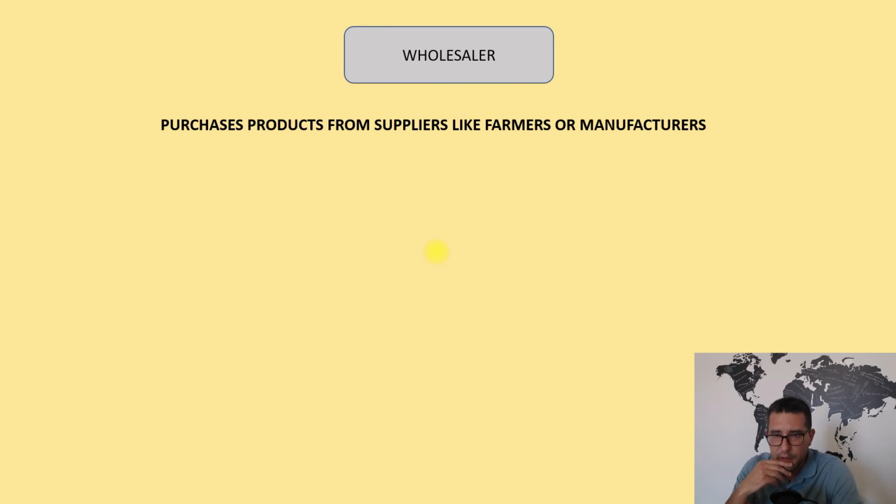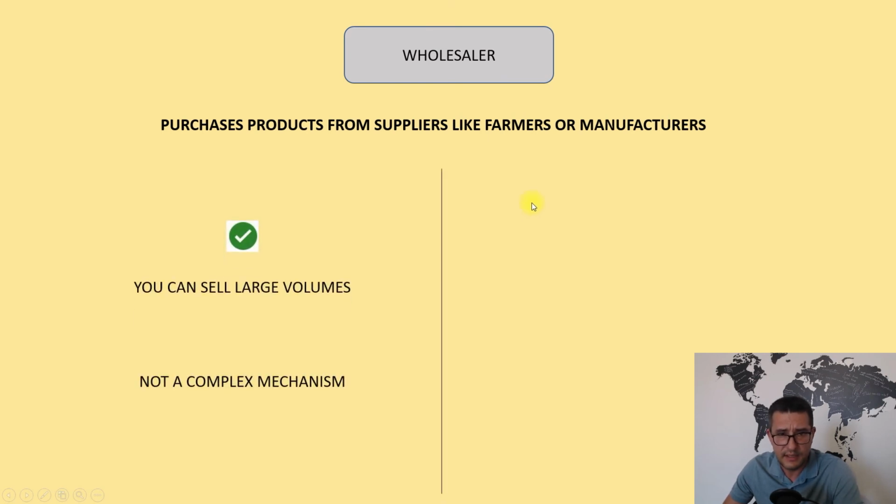Now, opting for a wholesaler won't necessarily help build your brand presence in the market, but will help you in terms of volumes. And in terms of pros, as I've said, you can sell large volumes that can also help when purchasing from your suppliers, so upstream in the supply chain. And it also helps you build your economies of scale.